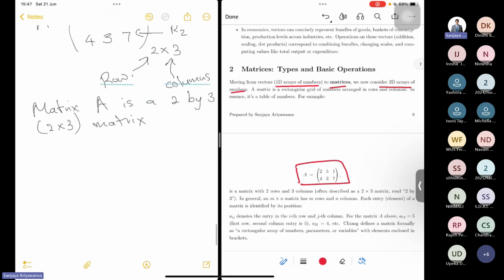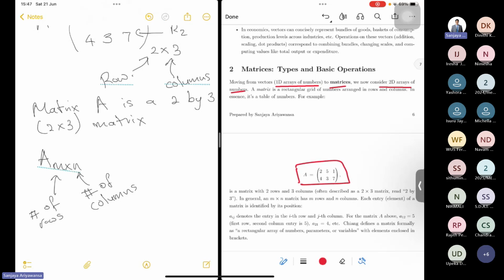So any matrix in general, you would write as m by n, where m is the number of rows and n is the number of columns, right?